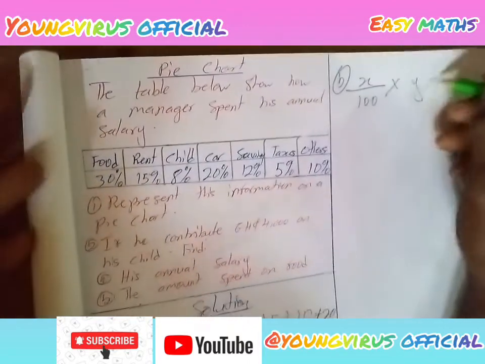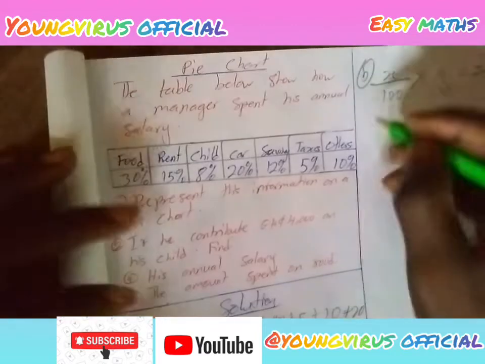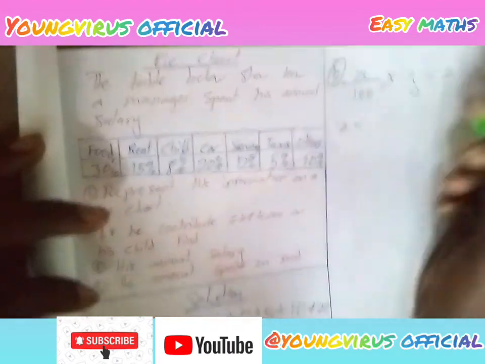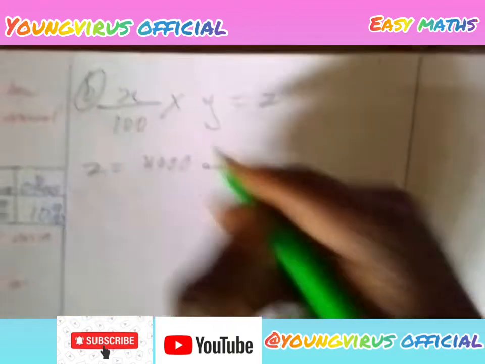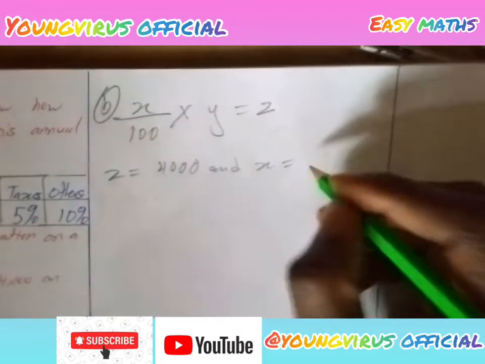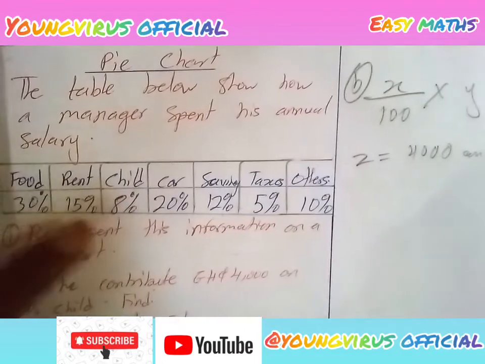So it's y is equal to z, then that means we solve from it. But here z is now equal to what? 4,000, and our x is, over here, x for the child is 8%, so 8%.